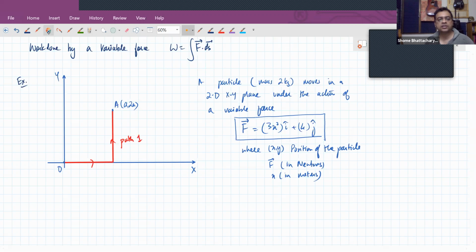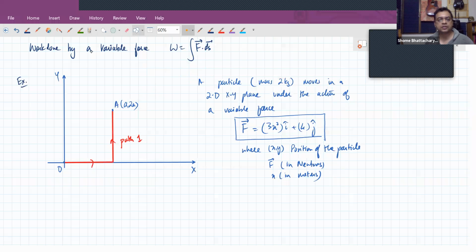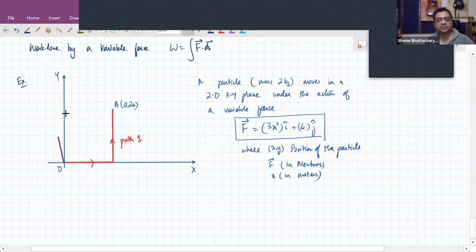And on the other hand, it can also do that instead of this path, it goes the other way. It first goes along the y-axis from the origin, but by path 2. So in each of these paths, now we will calculate the work done separately.